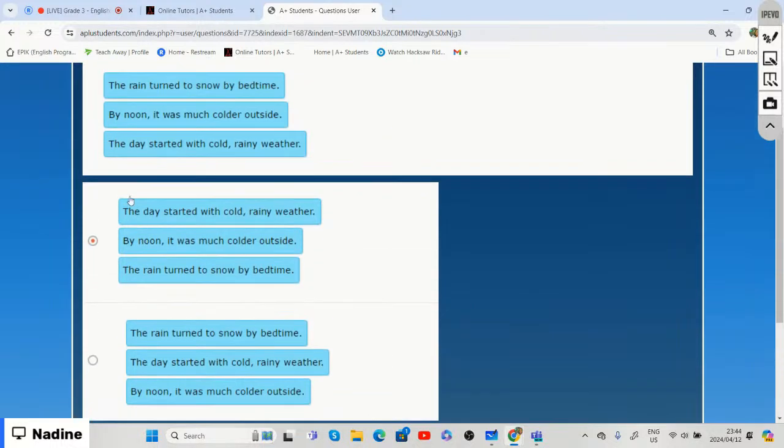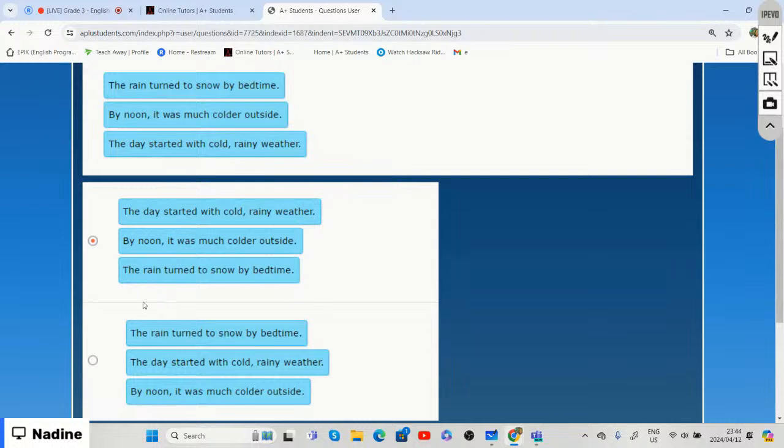All right. And if we choose the correct one, we said we choose the first one because we say that the day started with the cold, rainy weather. Do you see the day started? That's already telling you that it's in the morning, right? And how it started. And then it says by noon, it was colder outside.